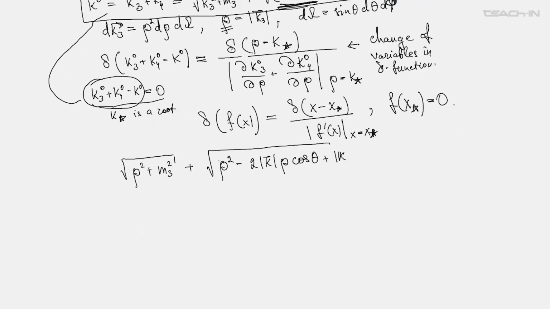I remind that k is the total initial momentum, plus m4 squared. And this must be equal to the total initial energy, must be equal to k0.